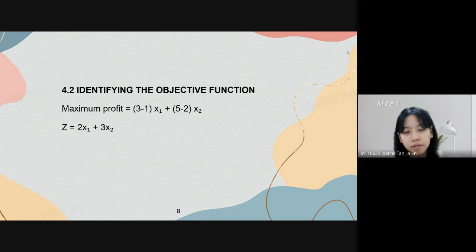Then we need to identify the objective function. In this question, we are asked to find the number of sunflowers and roses to maximize the profit.